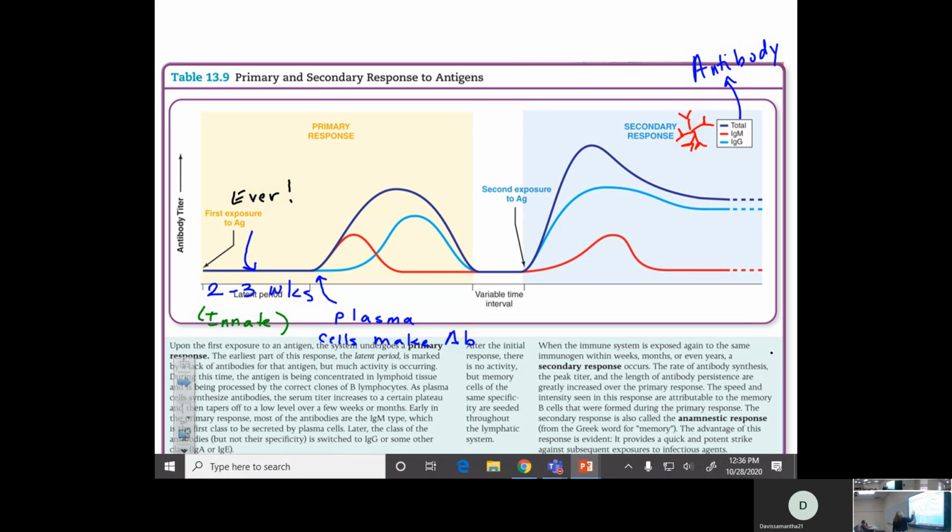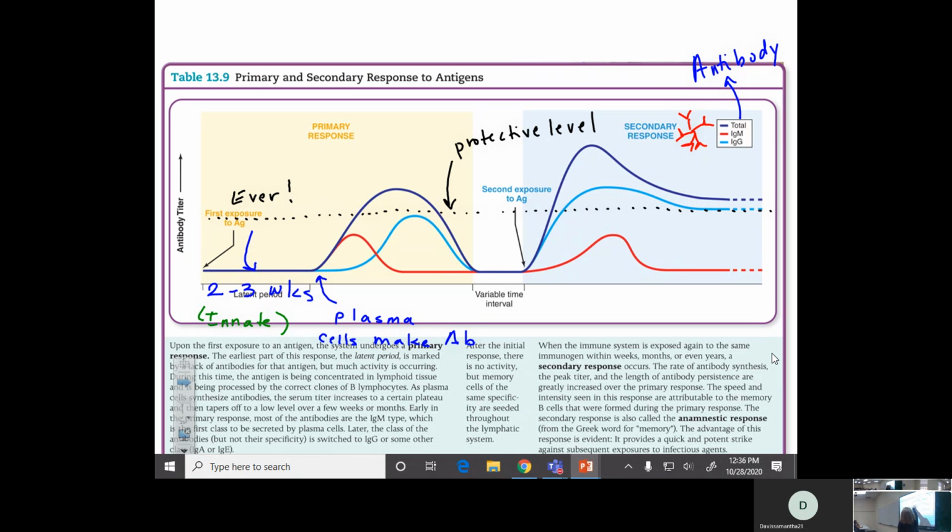When we get to about this level of antibody, we can consider that to be the protective level, or the effective level of antibodies. So after about 3 weeks or so, your acquired immune system kicks in, and at that point you're going to be much more protected from whatever disease is accompanying this antigen. So that's the first time around.